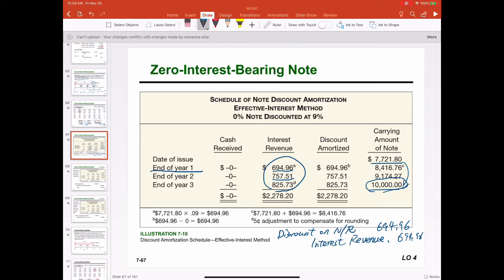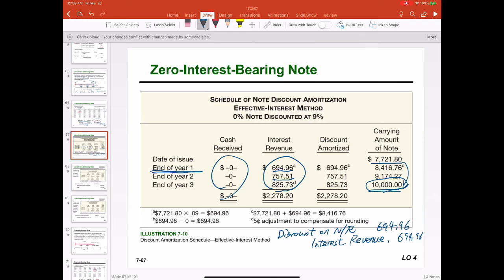See, although the lender only received $10,000 by the end of the 3rd year, it recognized interest revenue during the 3 years. Why? Because you lend out money for 3 years. Each year you should recognize revenue even if you receive nothing.